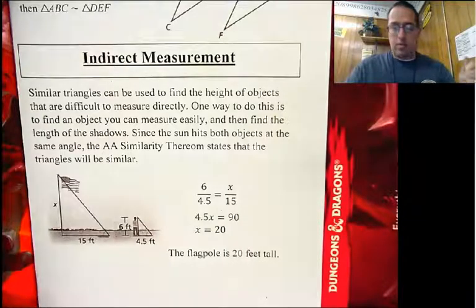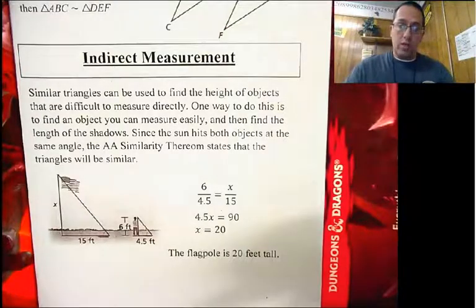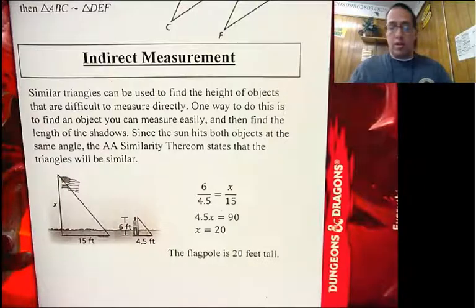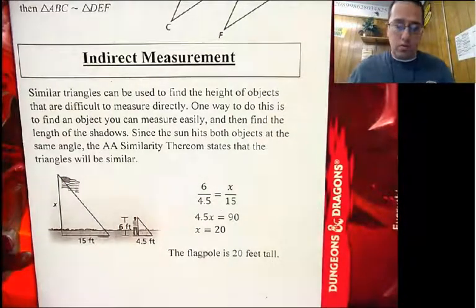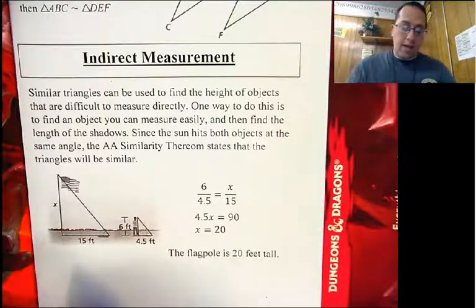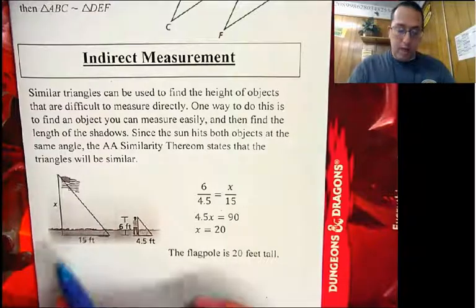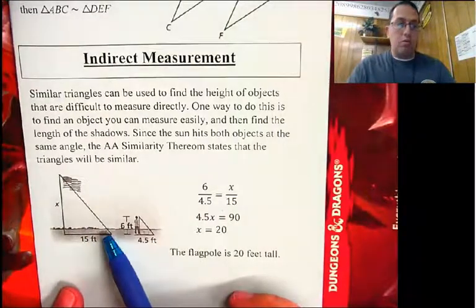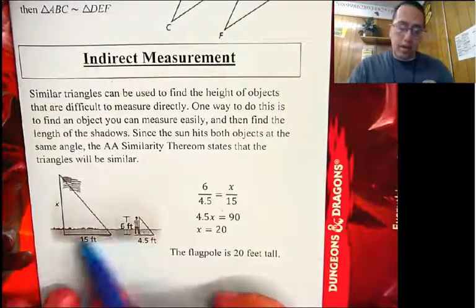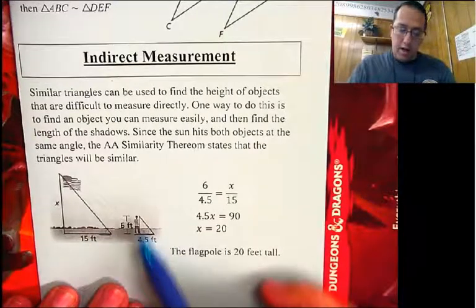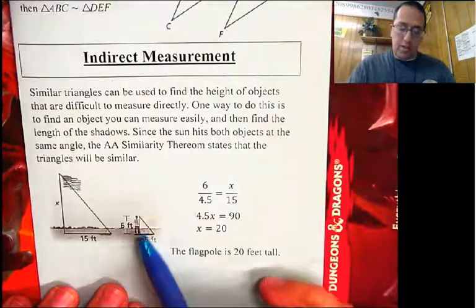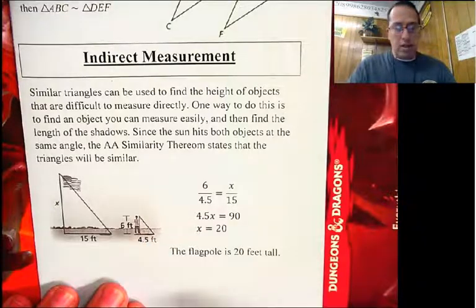One of the most well-known ways to do this, and you've probably seen it in textbooks all the way back through junior high, maybe even elementary school, is to use shadows. I can't climb up and measure that flagpole, but I can measure the shadow along the ground. I can measure my shadow, and I can get my friend to stand still and measure how tall he is and his shadow.